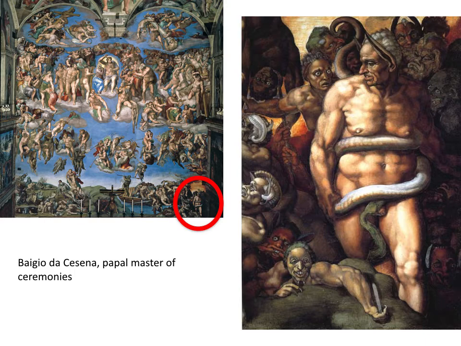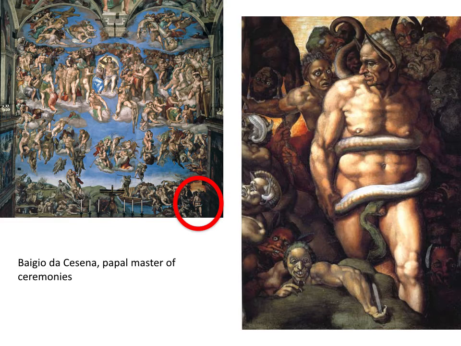So Michelangelo, as a response, included da Cesena in the Last Judgment as the figure of Minos. Minos was one of the 3 judges of the underworld. He also gave him the ears of an ass, and also take a look at this giant snake that is wrapping around Minos' body and where the snake's head is biting.